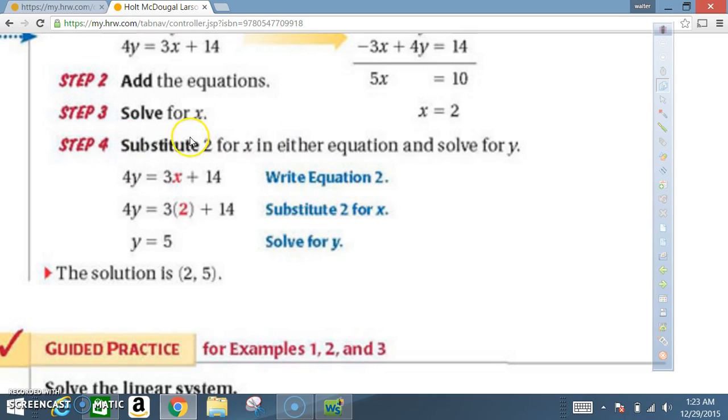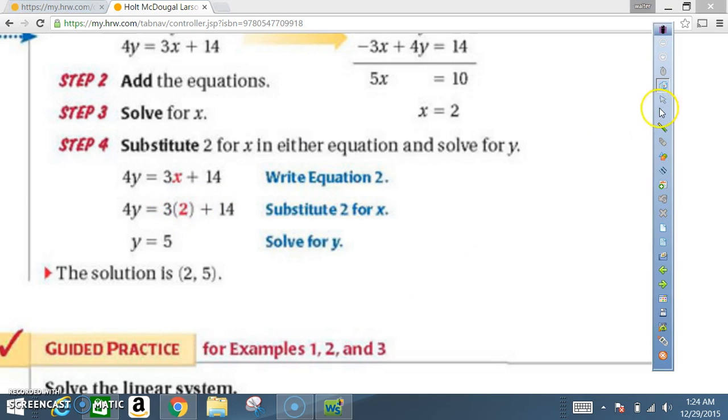Okay, now that I have solved for x, I'm going to take that x value and plug it into one of my equations. So I'm going to use the top equation, 4y is equal to 3x plus 14. In place of x, I'm going to put that 2 that we found. So 4y is equal to 3 times 2 plus 14.